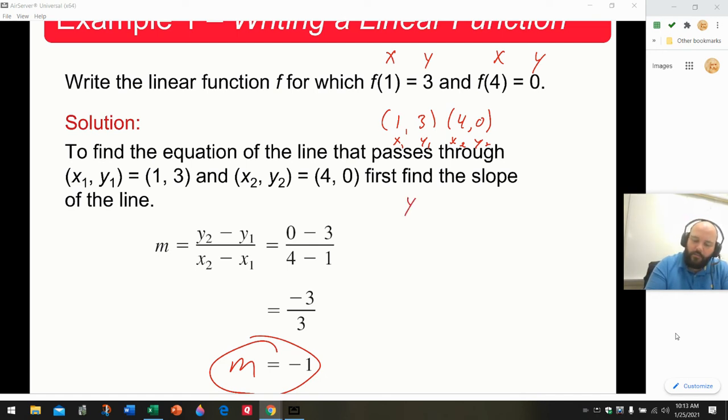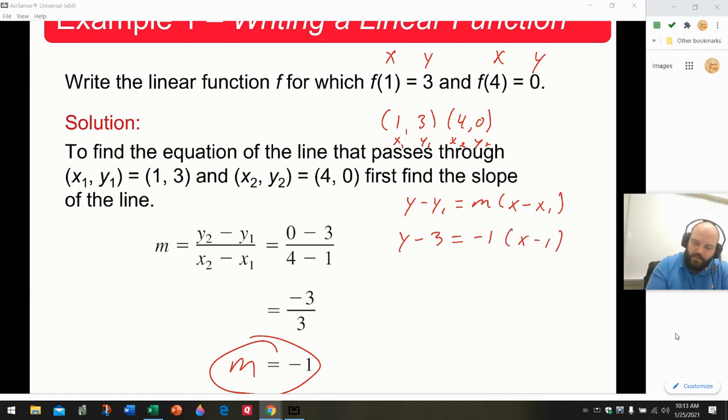I'm going to use point slope. The reason why is slope-intercept is great if you know the y-intercept. We do not know the y-intercept. We just have a couple random points. So I'm going to use the points that we have. I'm going to use the slope that we calculated to write an equation. So y minus y1, so y minus 3 equals -1, that's my m, and then x minus x1, which is 1.